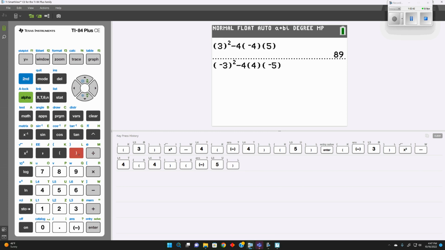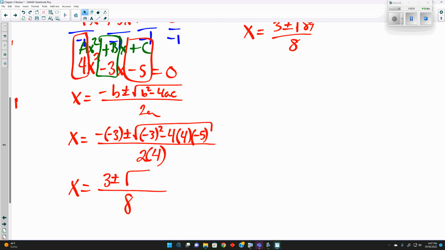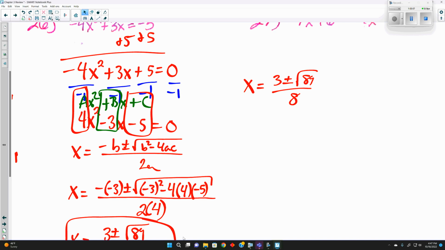And even though the 4 is now positive and the 5 is now negative, and the 3 squared is now negative 3 squared, we still get square root of 89. And if we plug that into the calculator, it'll still tell us that it is 3 plus or minus the square root of 89 over 8. It's just going to tell us that that doesn't reduce. So we get this here, and that'd be our final answer.